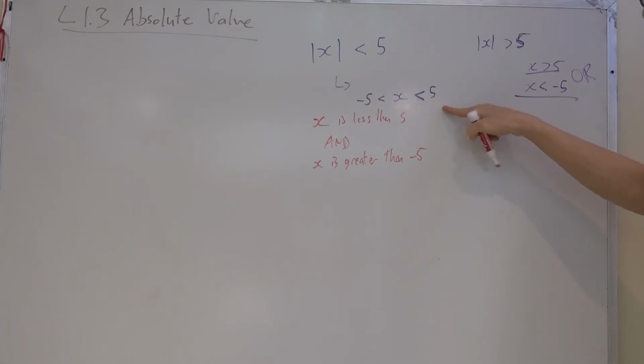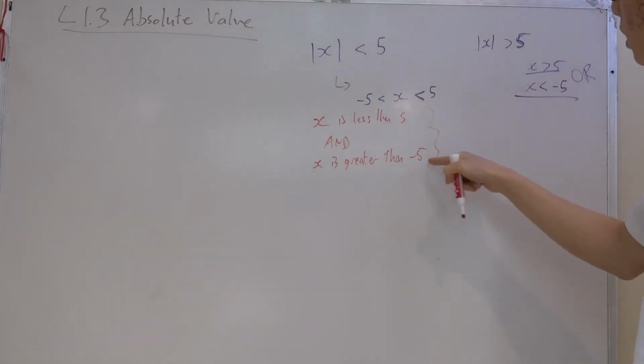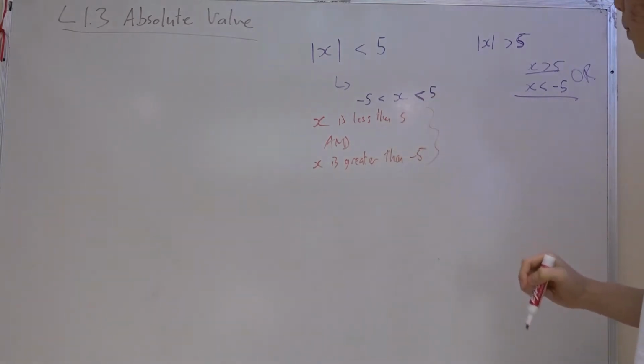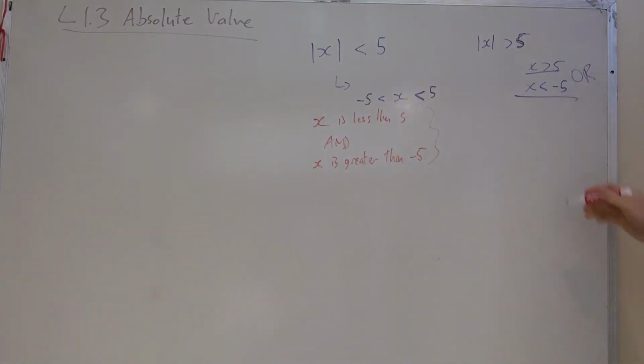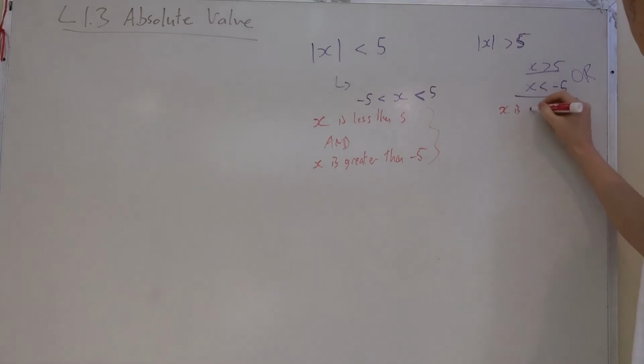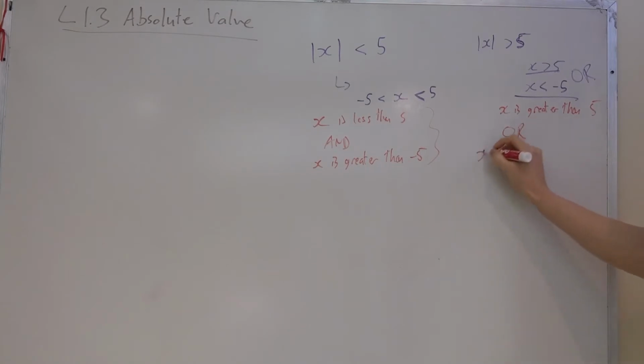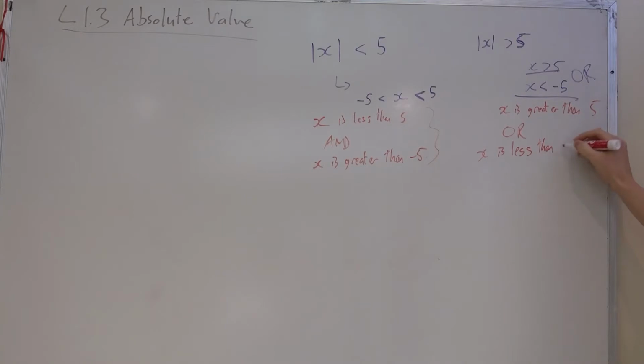All I'm saying is that these 2 statements combined, when you connect them with and, say the exact same thing here. Whereas here, we have x is greater than 5, or x is less than negative 5. Okay? So this, with an or, says the exact same thing as this.